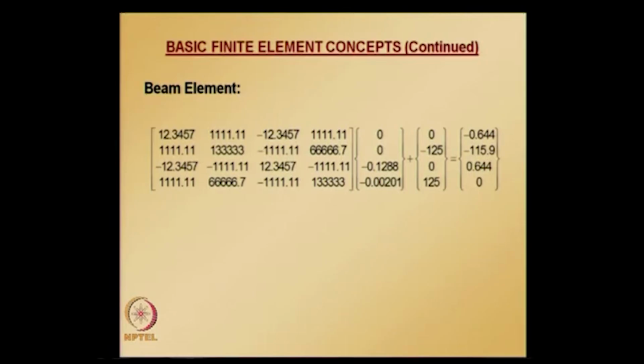What are the equivalent nodal values of moments and shear that we need to apply? That can be calculated using the element equations for the beam element multiplied with V1, theta 1, V2, theta 2, and applying the fixed end correction, we get the corresponding shear and moments.